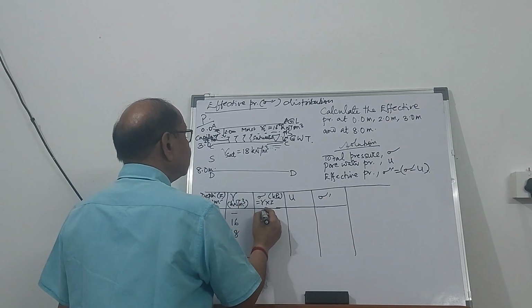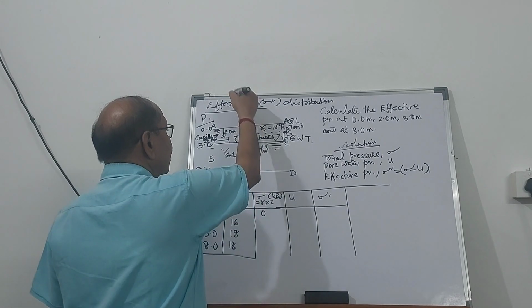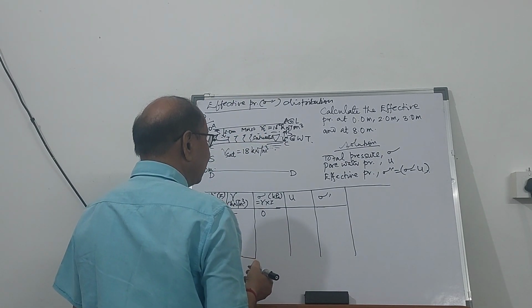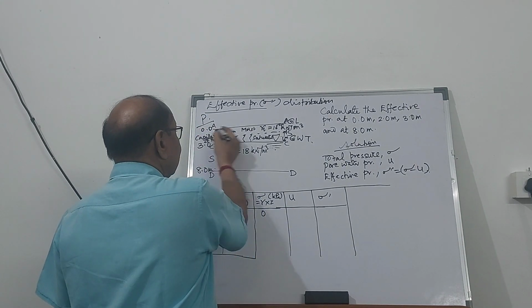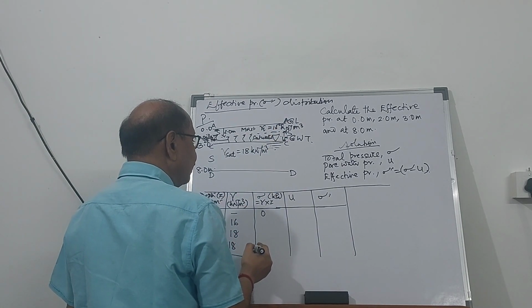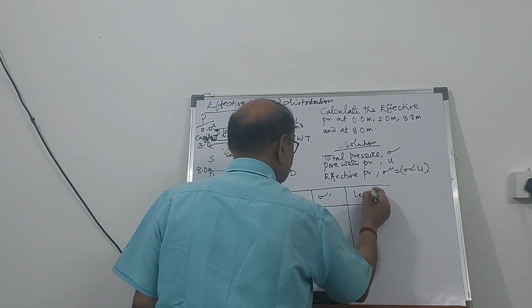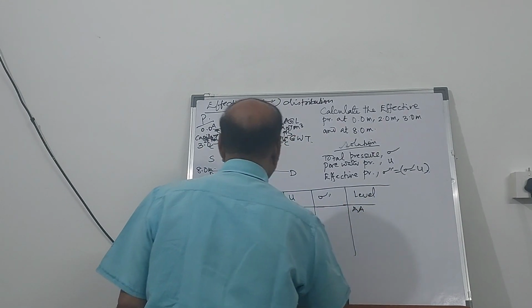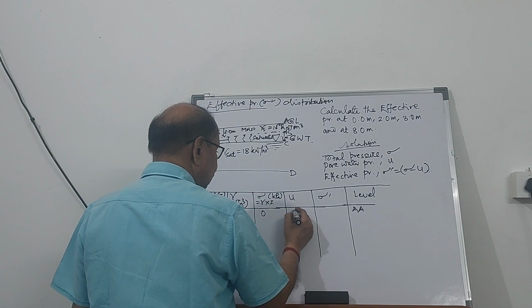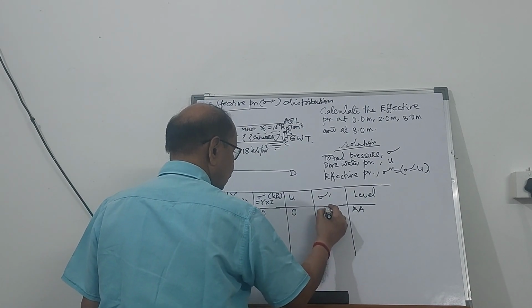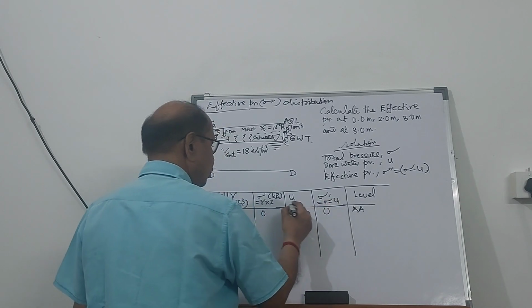There is no surcharge. So it is going to be 0. There is no column of any soil or anything. So at 0, or at A level, this is going to be at A. Naturally, there is no column of water above that, so it is 0. So the difference is going to be 0.